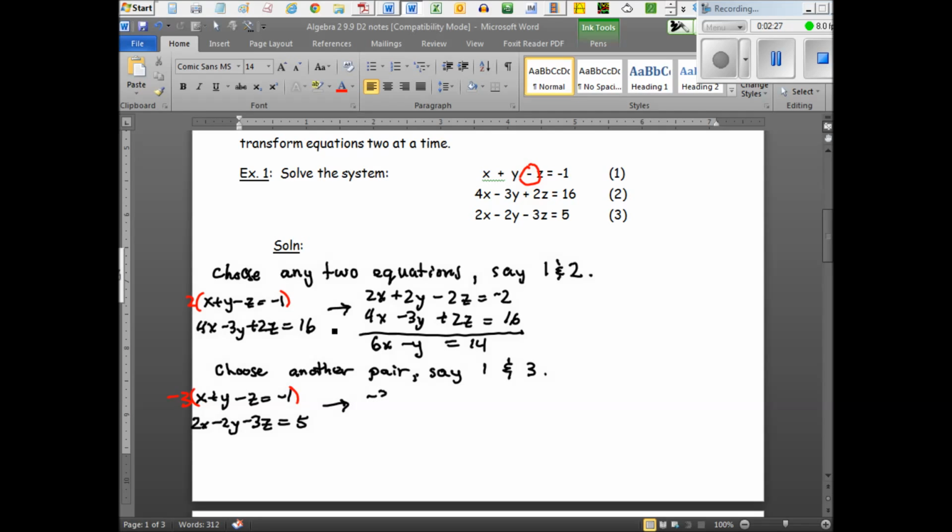So my system is -3x minus 3y plus 3z equals 3, and that lines up with 2x minus 2y minus 3z equals 5. Notice that I'm trying again to eliminate z. So if I add, I get -x minus 5y equals 8.